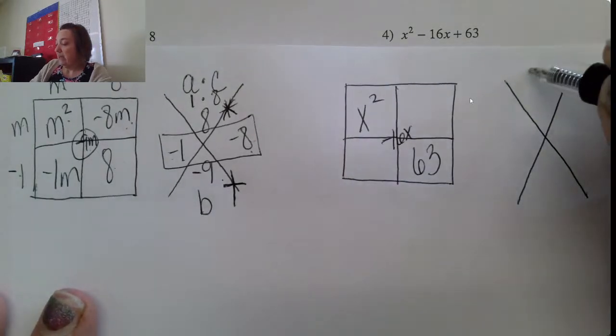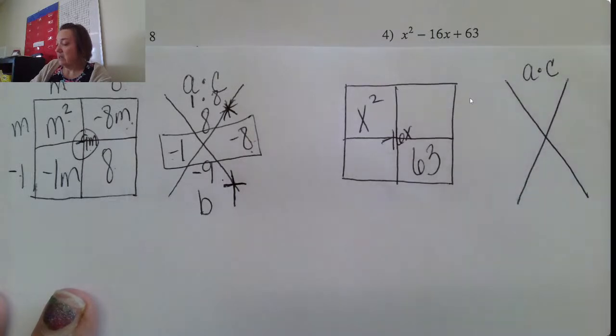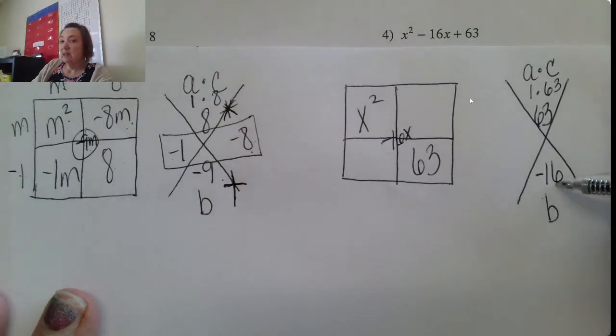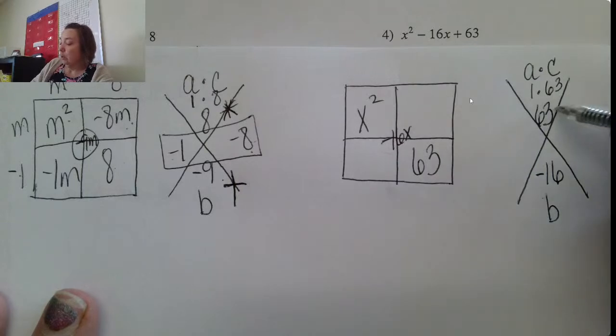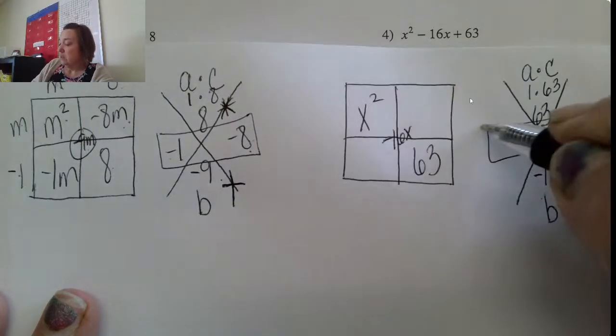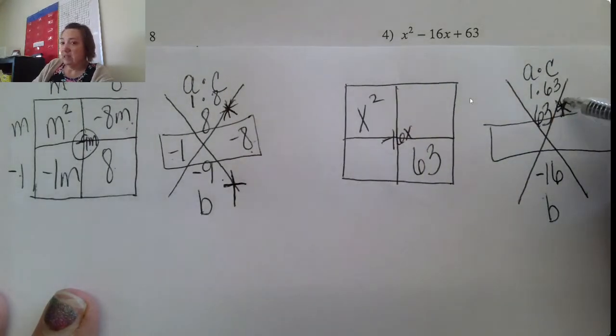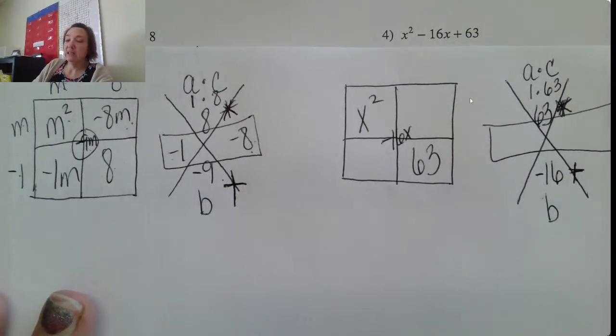So up here is a times c, and in this case, a is 1, and c is 63. So 1 times 63 is 63. Down here, we put b, and we're looking for numbers to go in these two holes that multiply to get us 63, but add to get us negative 16.